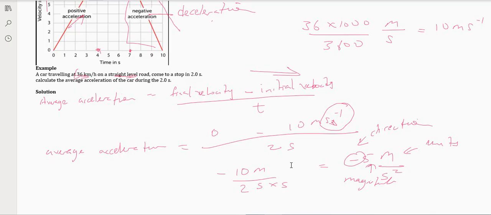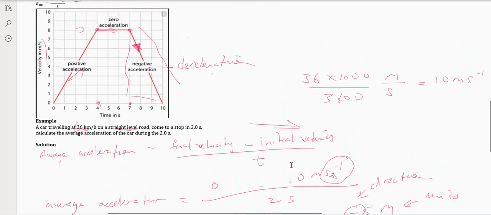Now, when we continue our lessons, we will be looking at equations of motion for constant acceleration. At this point in our graph, this straight looking line going up like that is when we're having constant acceleration.